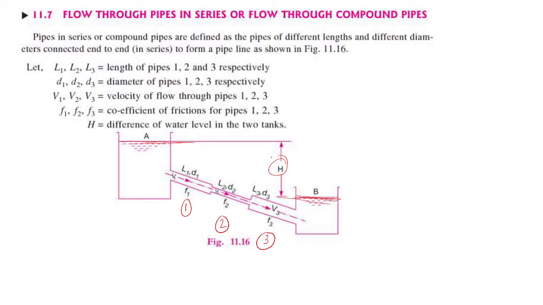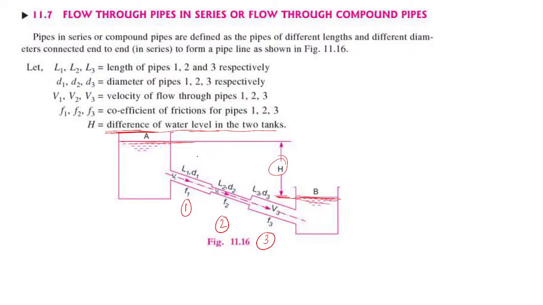Sometimes h is mentioned as a head loss, and sometimes h is mentioned as a difference of water level in the two tanks. But here keep in mind that it is defined as the difference of water level in the two tanks, right? Understand this nomenclature because it is going to help you when you are solving a problem, right?